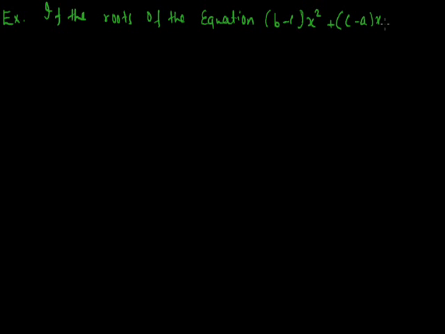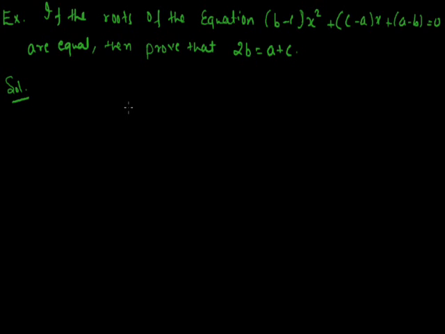on roots are real and equal. If the roots of the equation (b minus c) x square plus (c minus a) multiplied by x plus (a minus b) equal to 0 are equal, then prove that 2b is equal to a plus c.